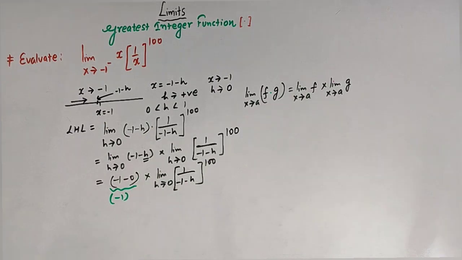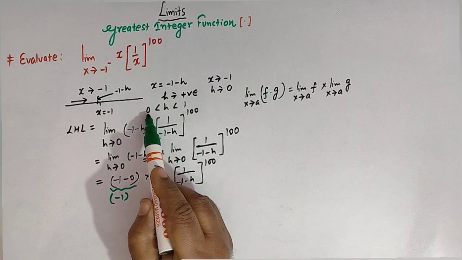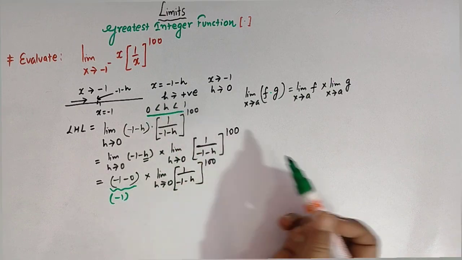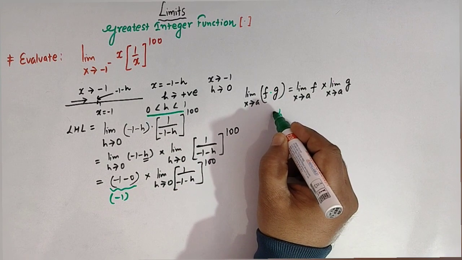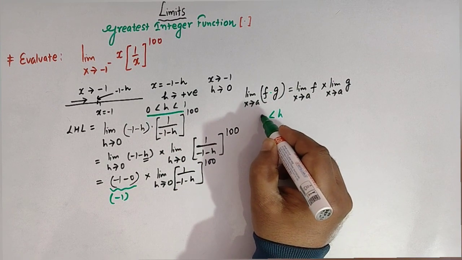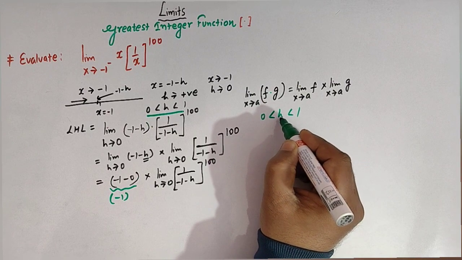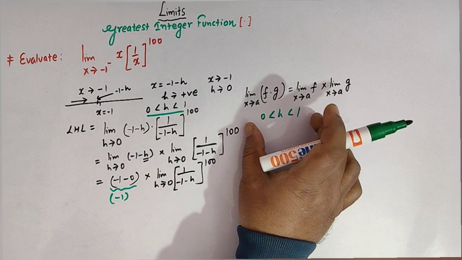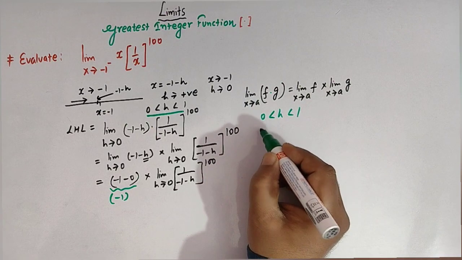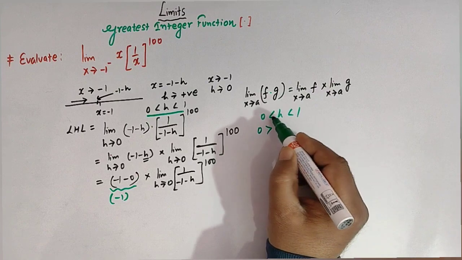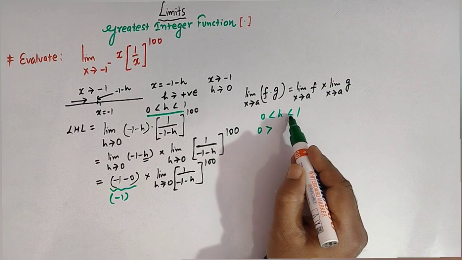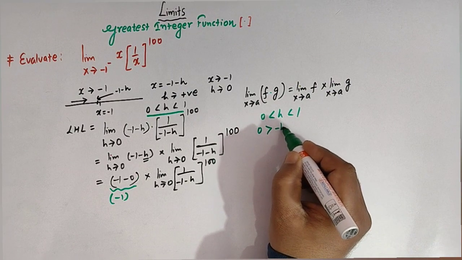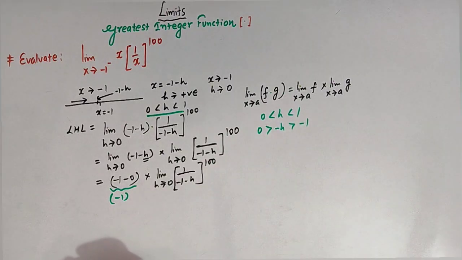So we'll take help of an inequality. We are given h lying between 0 and 1. Now multiply throughout by minus 1, and the direction of the inequality gets reversed. So we have 0, minus h, minus 1.